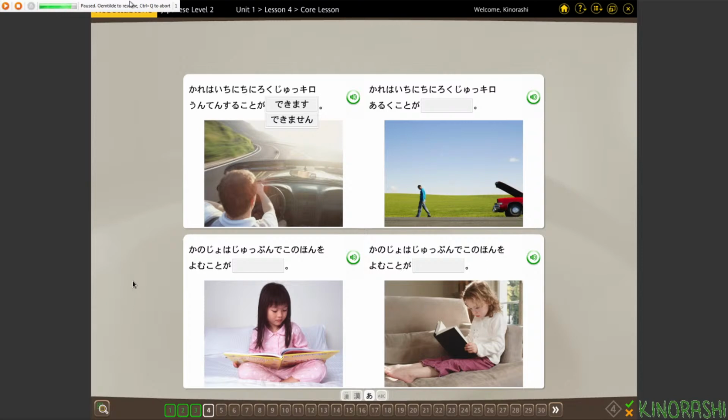Yeah, we've been doing that. Used for expressing direction, yes. Used as an indirect object marker.